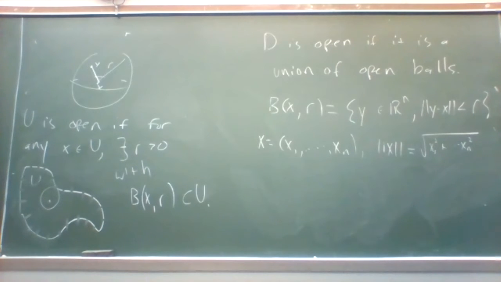Any question on that? So open sets in R2 and R3, they're exactly what you're used to. They are these sets that do not include their boundaries in some sense.